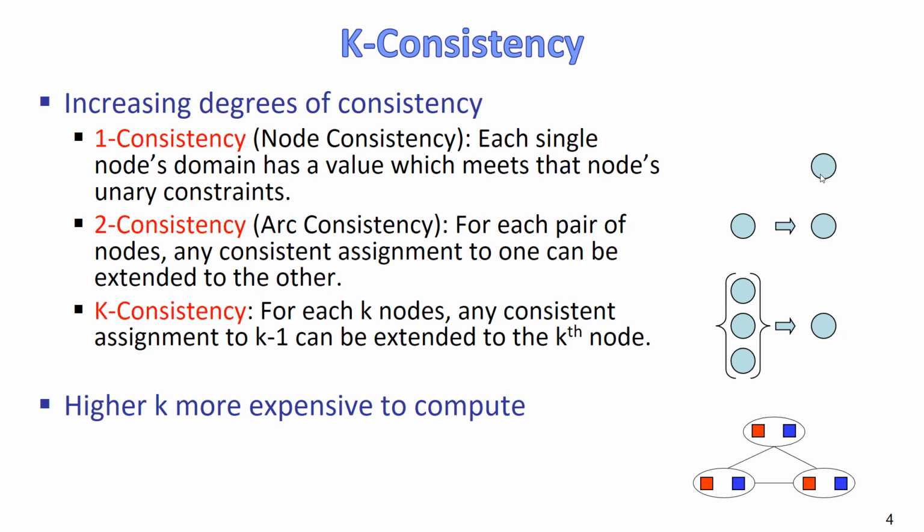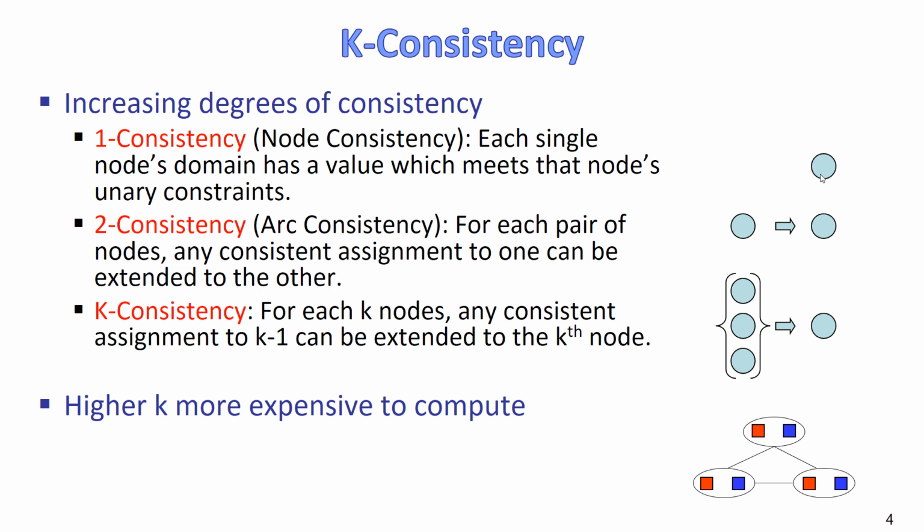So something like if I want this node to be colored blue or green, then blue and green will be the two values that can be assigned to that node. So that's one consistency. If we guarantee that this is the case for all nodes, which is true in most problems, of course, then the graph is one consistent.